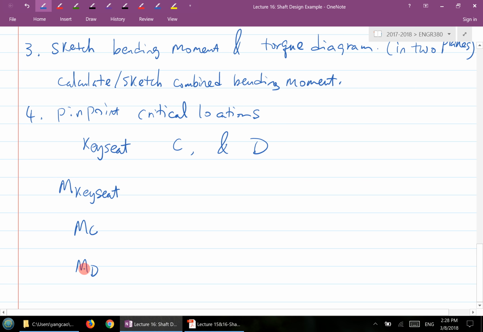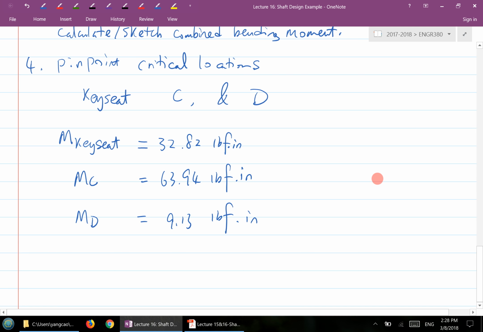So doing some calculation, you can find that the bending moment at the K seat location is this much, here is this much, and here is this. Alright, so once you find the bending moments, we'll be using the three bending moments to calculate our stress, right?